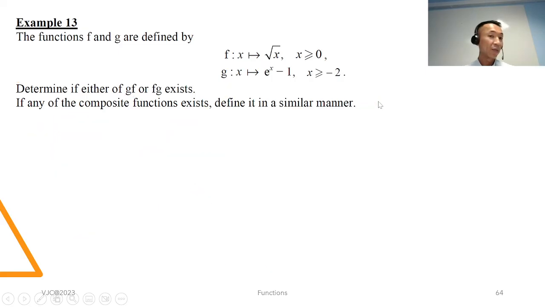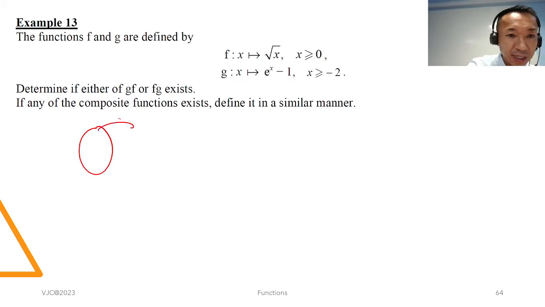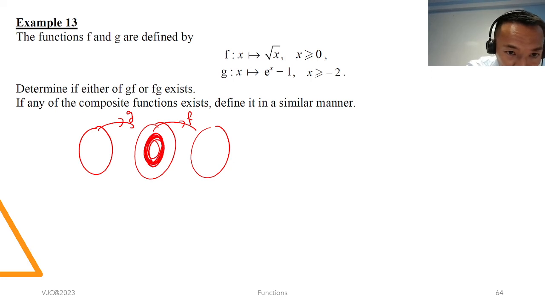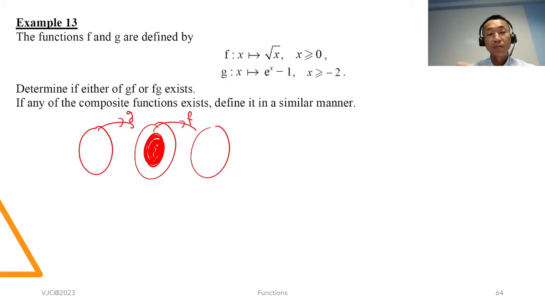Let's then decide whether fg exists. fg is this. Correct? And you want to decide whether the range of g is a subset of domain of f. Yes? So what are the values g(x) can take, basically your range?